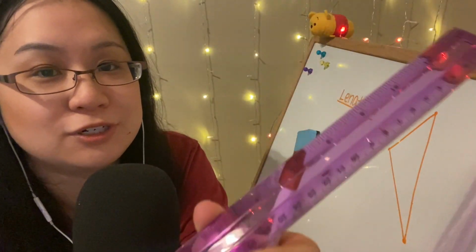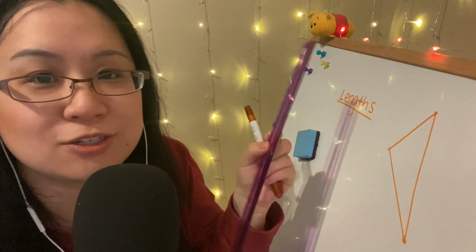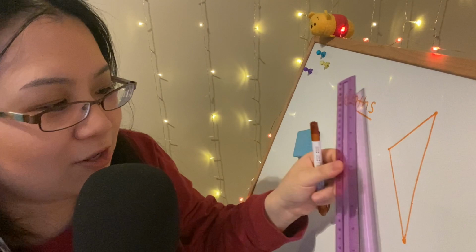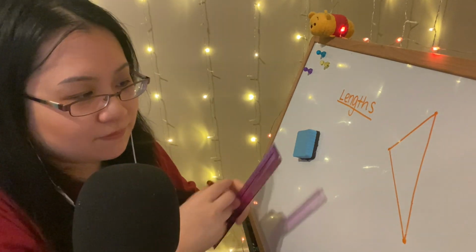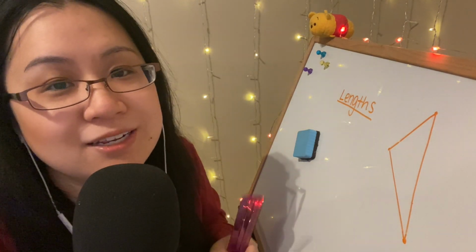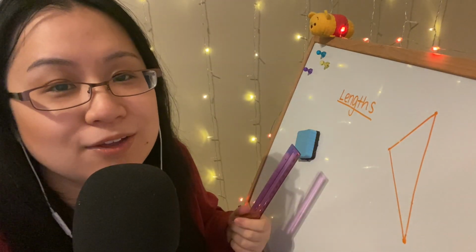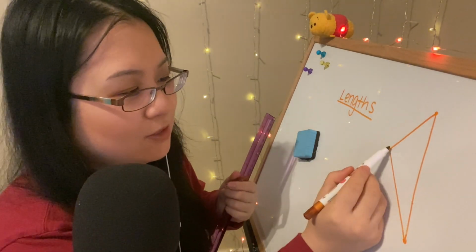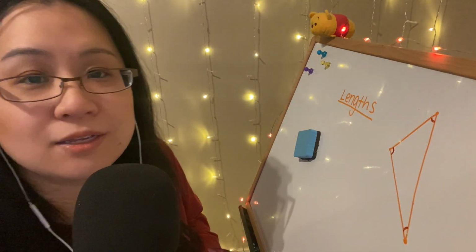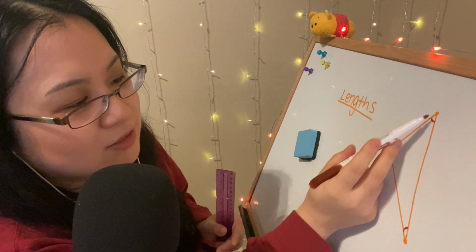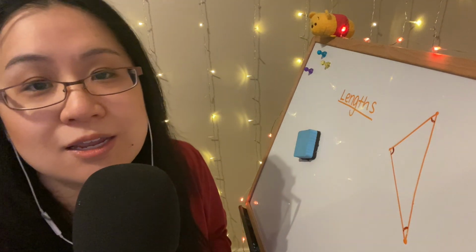So it's a ruler, but when I draw a triangle, I'm just using the straight edge part of it to draw the 3 sides, and will also indicate that there are 3 interior angles, triangle, 3 angles. 1, 2, 3. And so the lengths can be measured, and so can the angles.